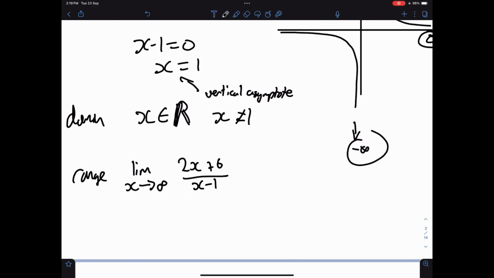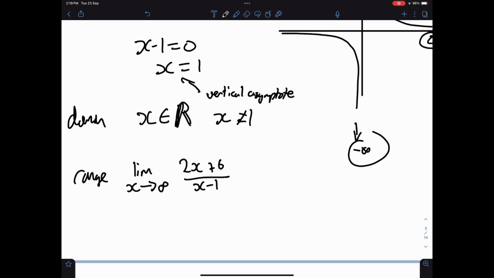And then when you get these really big numbers, these no longer matter. Like if you have 50 googol and then you have a 6, that 6 really doesn't matter. So it's called the dominant term rule. You just pretty much ignore them and you essentially just get 2, because 2x over x is just 2.